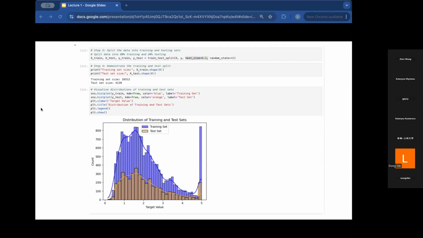This visualization helps us verify that both sets are representative of the overall data distribution, ensuring that the model can learn effectively from the training set and be evaluated fairly on the test set.